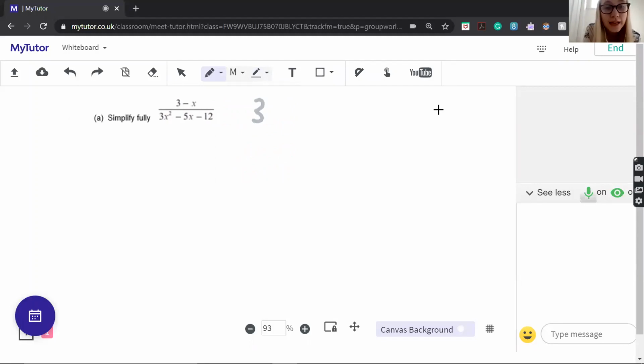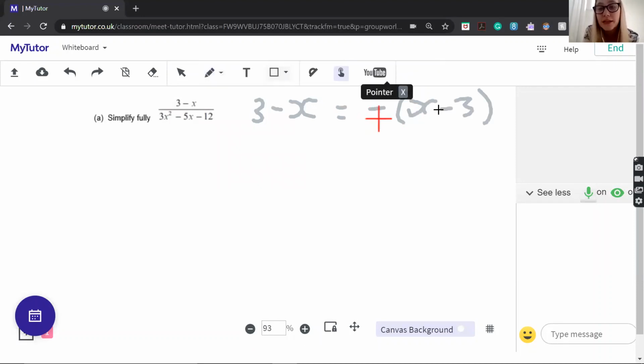That's because this is minus x, positive 3. And the reason this is nicer is because x minus 3 is a more comfortable factor for us to find. Because we know it cancels with the top, one of the factors is going to have to be x minus 3.